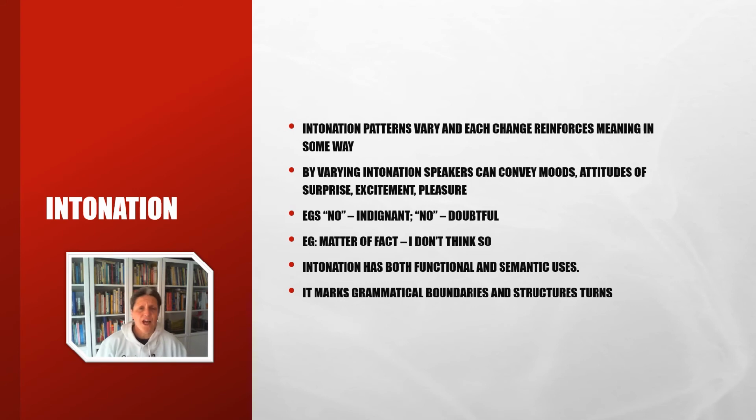Intonation has both a functional and also its semantic uses. So if you're commenting on intonation, comment on its function, but also comment on the semantics. And it marks also grammatical boundaries and structures turns, which I think most students are pretty adept at identifying. It's these other areas that need to be brought into your analysis.